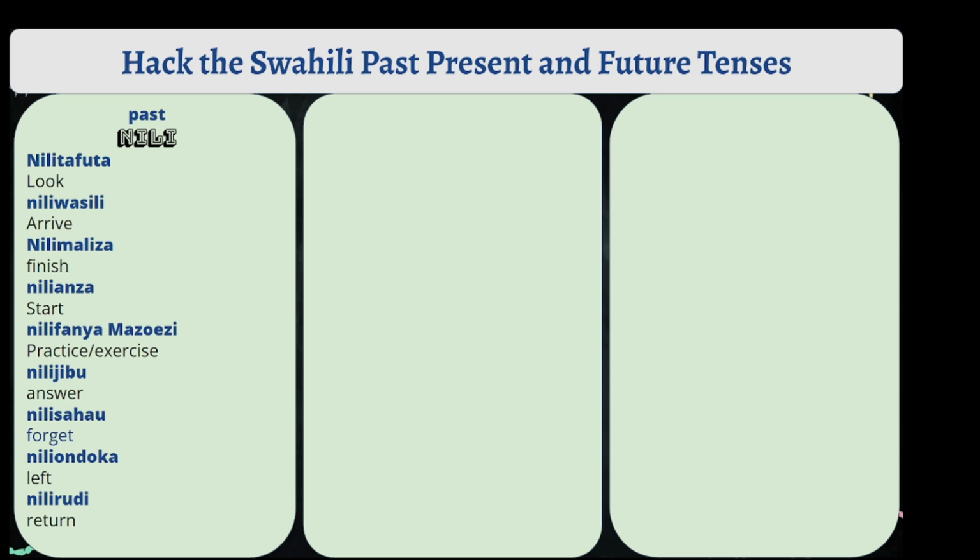Past, present, and future tenses are very important when it comes to communication, obviously, and when it comes to using verbs. I think every language has a past, future, and present tense of their verbs.